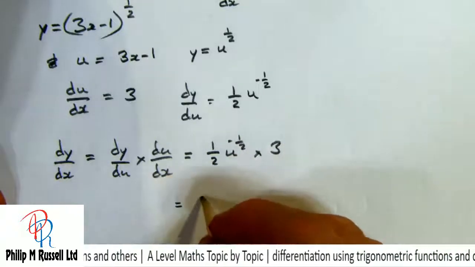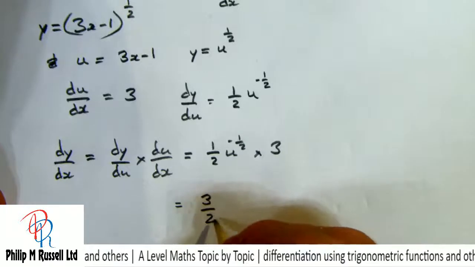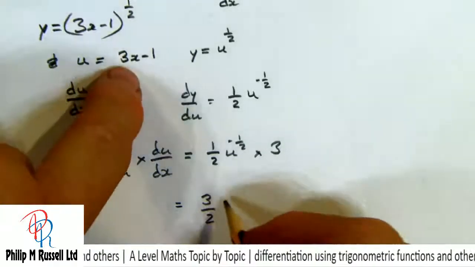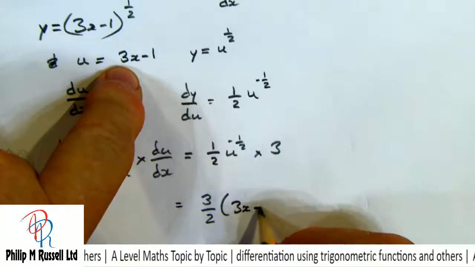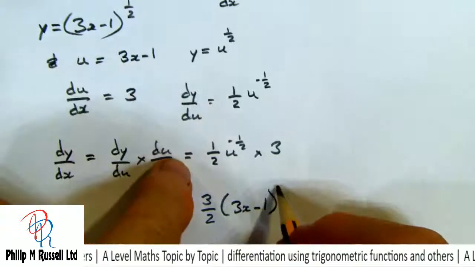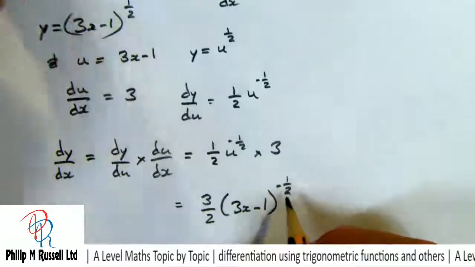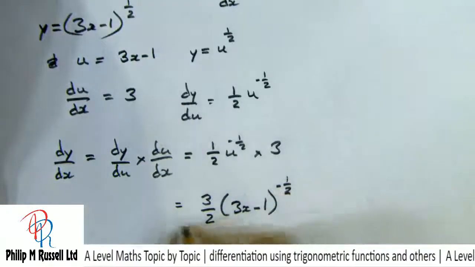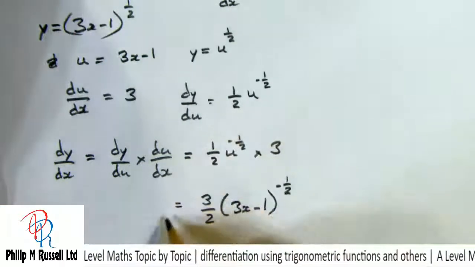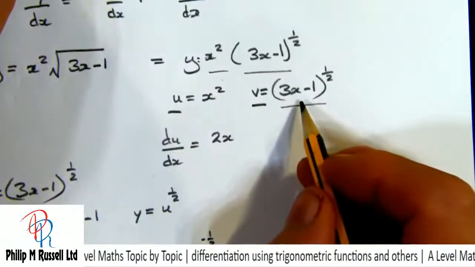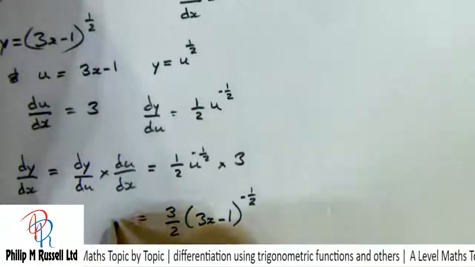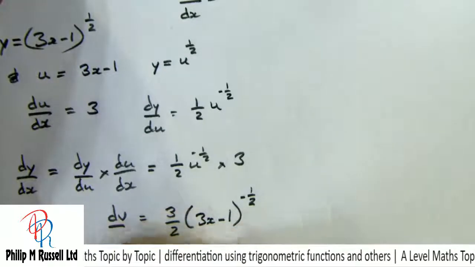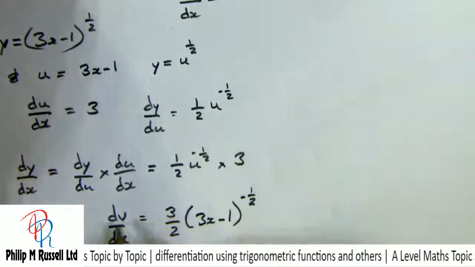That's going to give me 3 over 2, whatever u was, which is here 3x minus 1 to the power of minus a half. And that is what this thing was when we tried to differentiate it. So this is dv by dx.